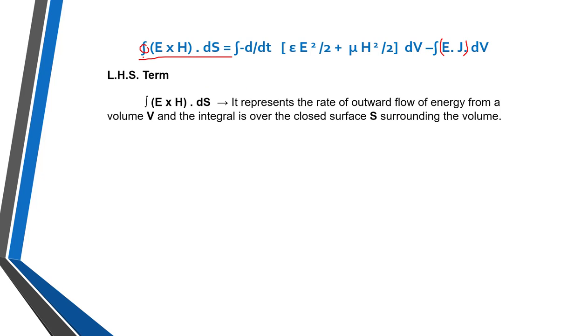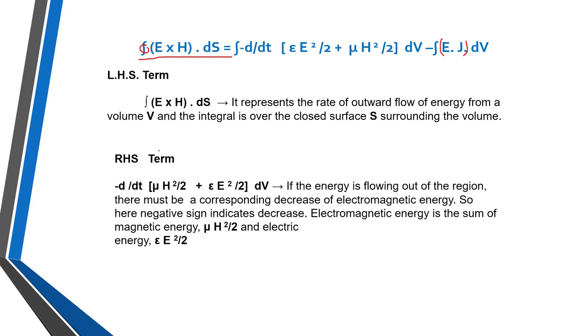As the sign is plus, we can say outward flow of energy from a volume V which is closed by surface ds, and the integral is over the closed surface S surrounding the volume.